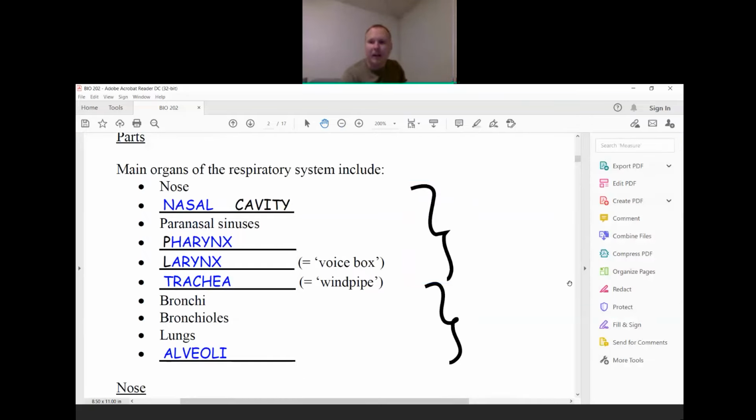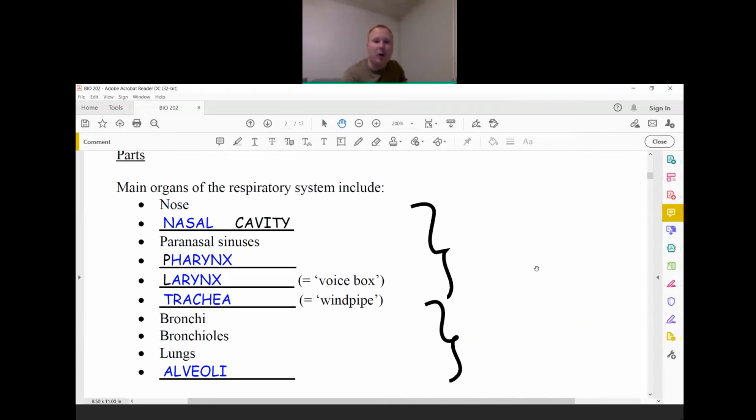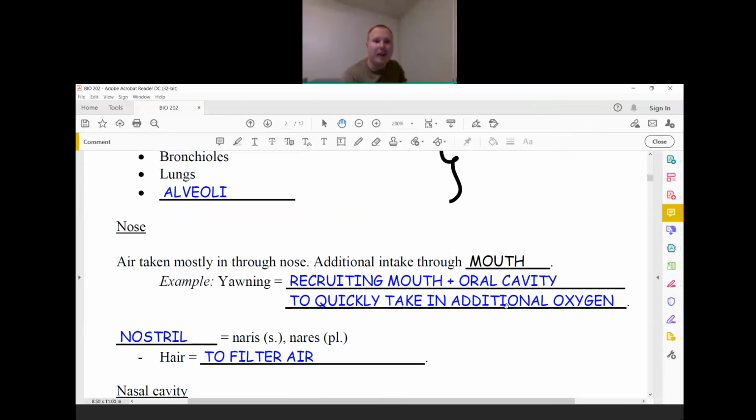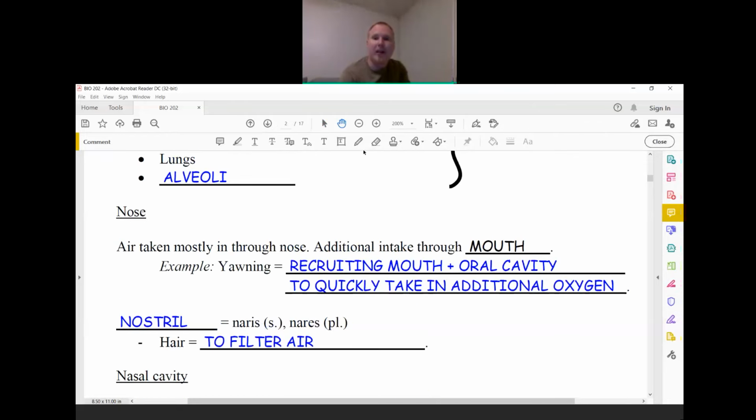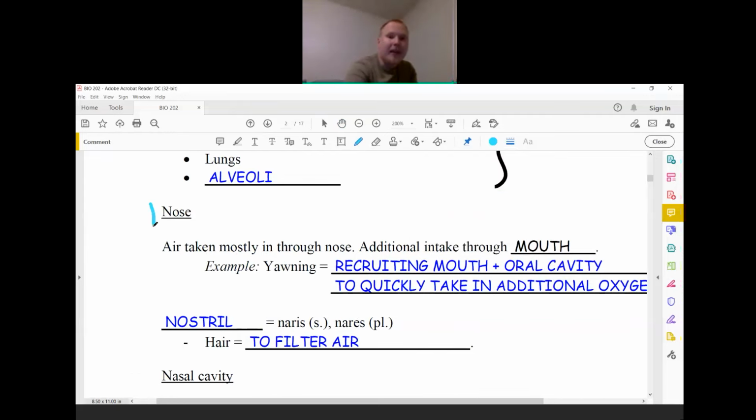So let's start with the nose. And we, of course, know that most of the air to the body is taken in through the nose. So we normally breathe through the nose, and that's for a good reason.